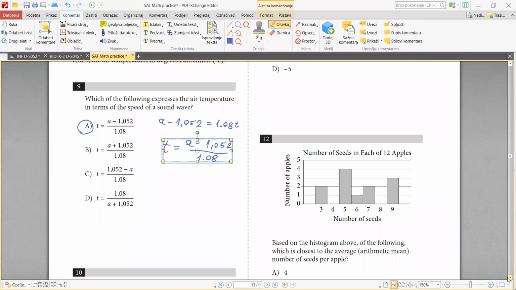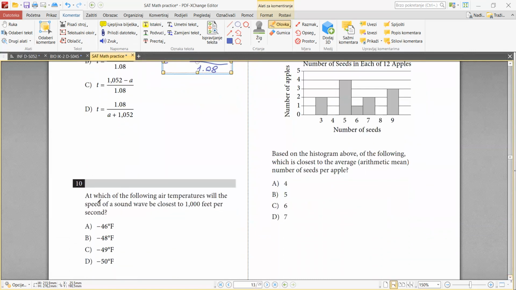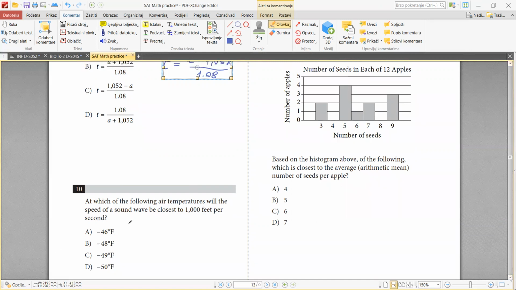Number 10 also refers to that formula. At which of the following air temperatures will the speed of a sound wave be closest to 1000 feet per second? Okay, so A should be very close to 1000.